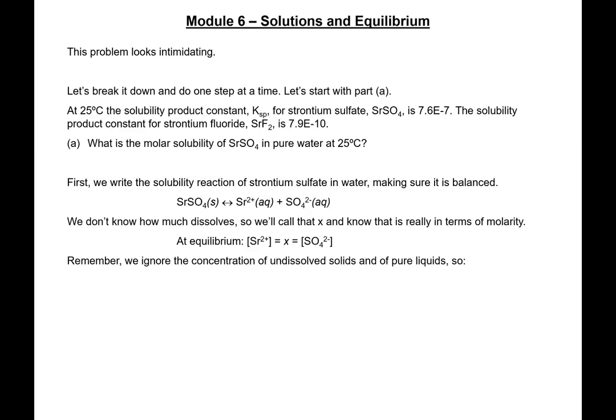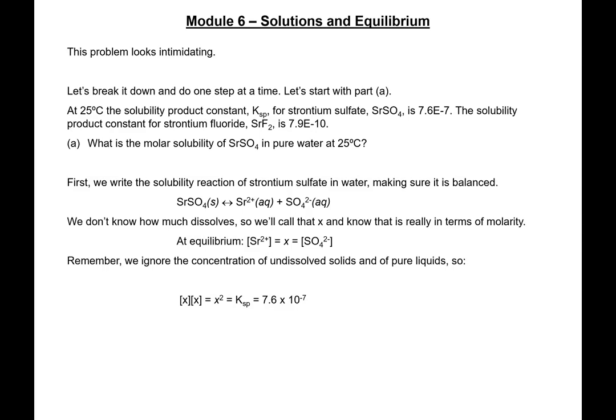So when we write our expression, KSP, which is 7.6 times 10 to the minus 7th, is equal to the concentration of each of the products raised to their stoichiometric coefficients divided by each of the reactants raised to their stoichiometric coefficients.